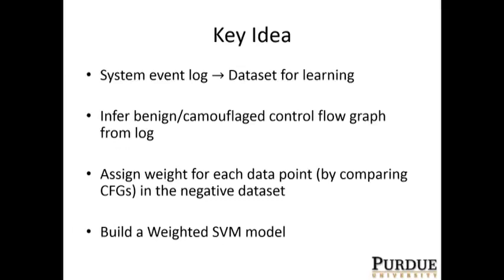By comparing these two control flow graphs, we assign a corresponding weight for each data point in the negative dataset. This weight is based on the distance of the code address to the benign control flow graph. So with such weights in the dataset, we train a weighted SVM model for classification on future data.